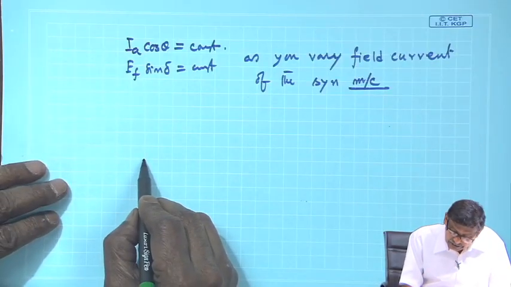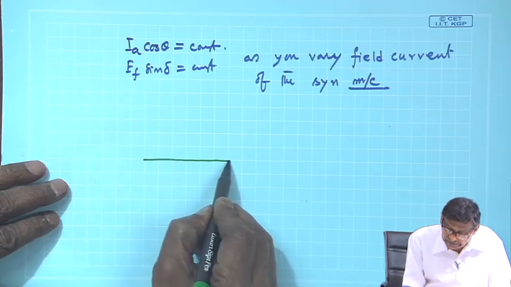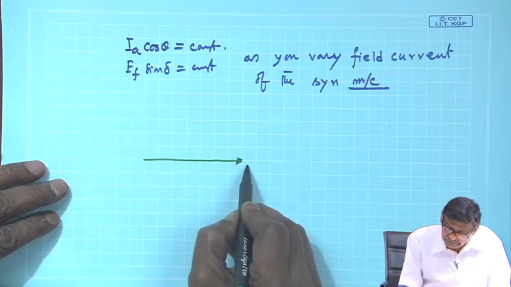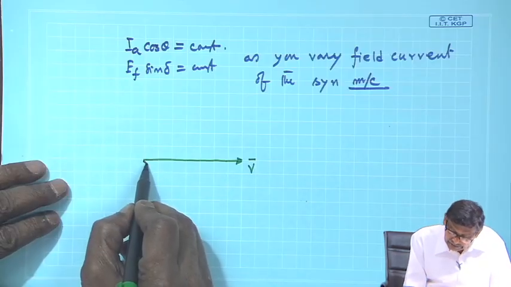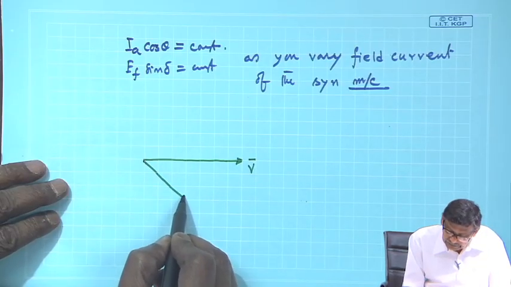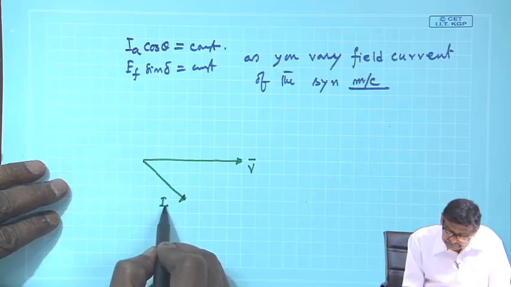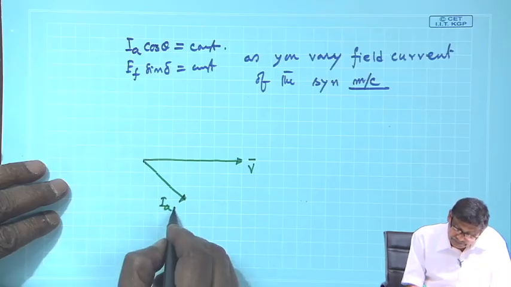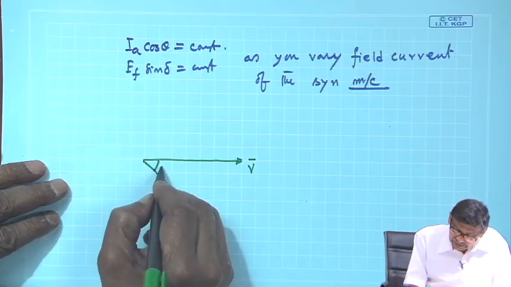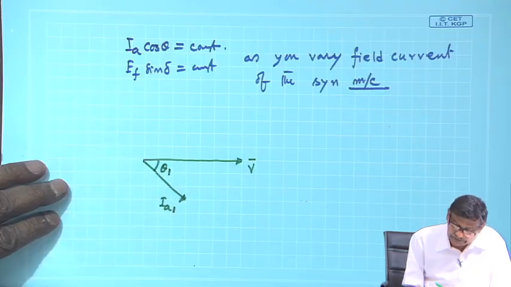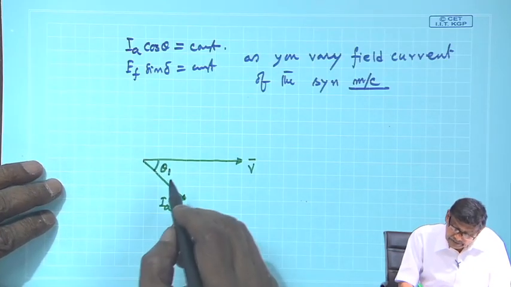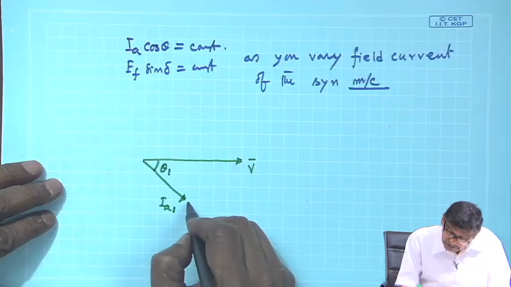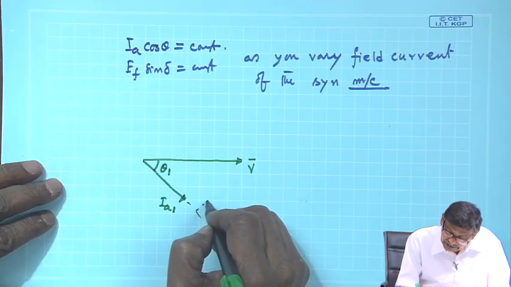Suppose the initial operating point is V, and it is delivering a current of I_a1 at a loading power factor of theta 1. Then E_f1 will be V plus jI_a x_s.